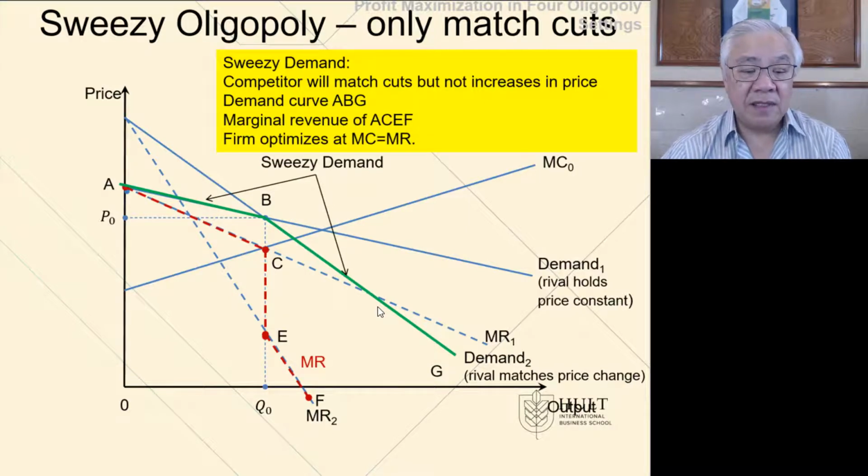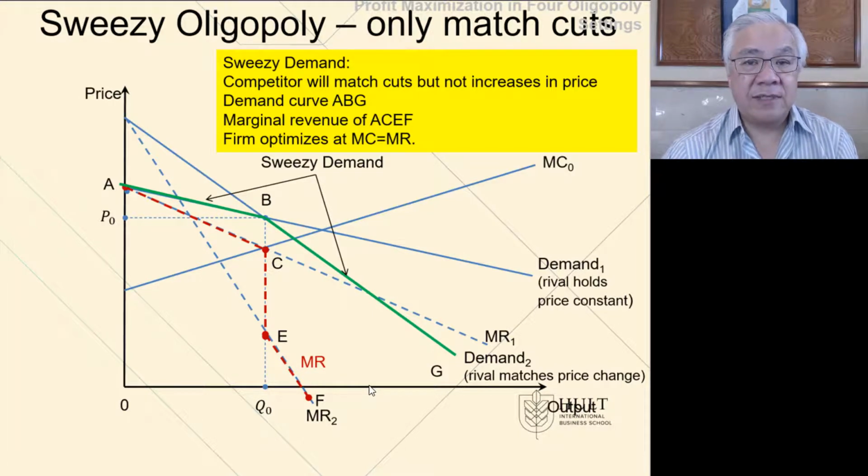So we have the slope of AC based on the shape of D1, and then we'll have the slope here based on D2, right here, and the point in between goes straight down because that's the point of inflection. And that's why this is quite an interesting marginal revenue curve, because it has essentially 2 kinks. One at that point, change of direction. One there, change of direction, down here.